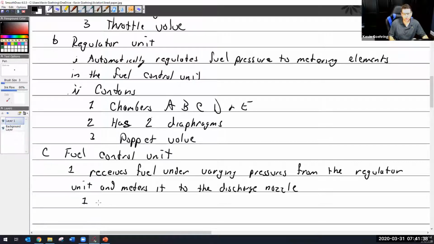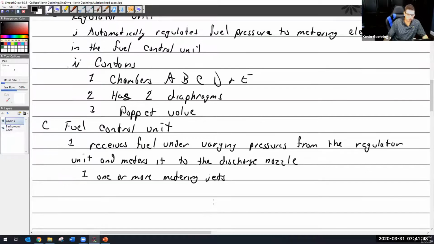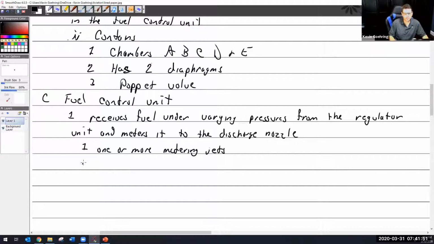It has one or more metering jets. It has metering valves. This is a very complicated piece. It may also contain the idle needle valve.